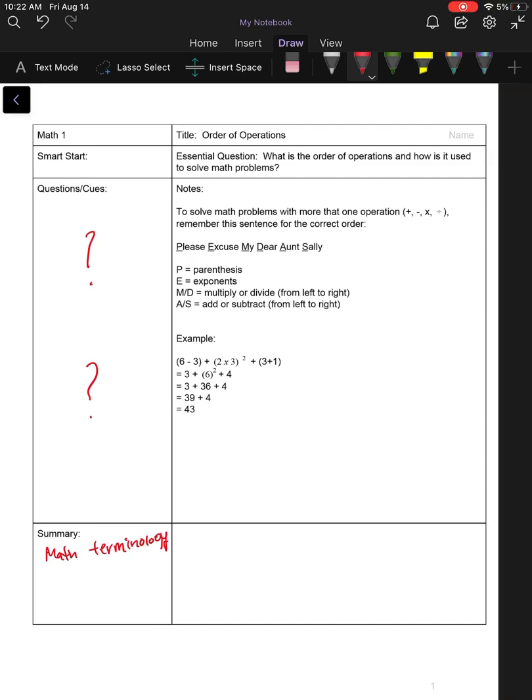Okay, so our essential question for today is, what is the order of operations and how is it used to solve math problems? Well, the order of operations is the way we solve math problems. I've seen so many different types of Facebook posts where it looks something like this, right?